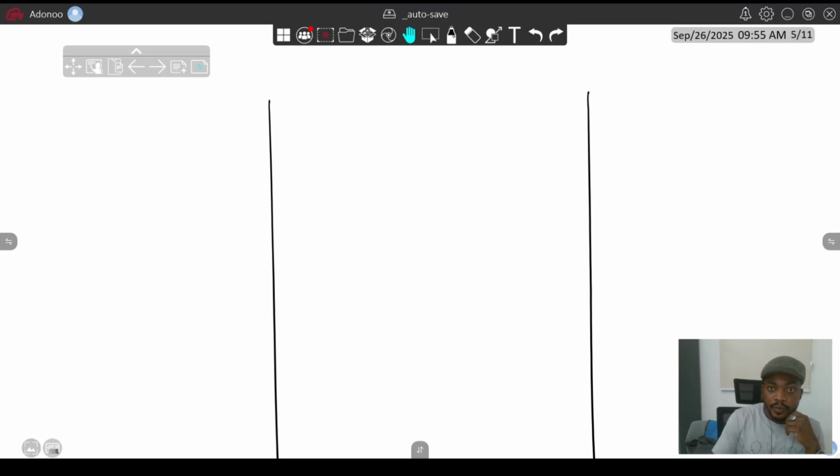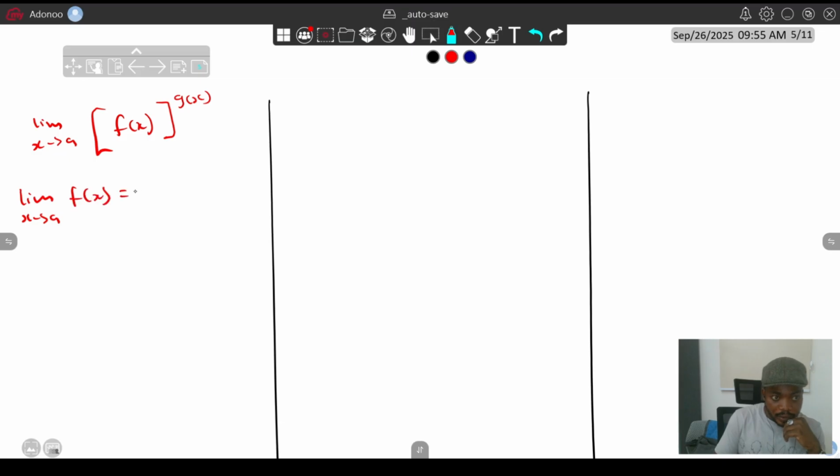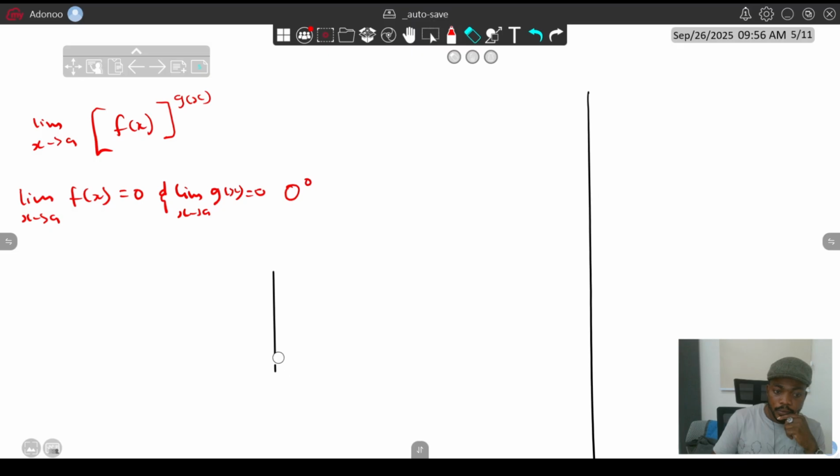So now, if we have limits as x approaches a of f of x raised to the power g of x, then if the limit as x approaches a of f of x is equal to 0, and the limit as x approaches a of g of x is equal to 0, then we have the indeterminate form 0 raised to the power 0, right? Good.